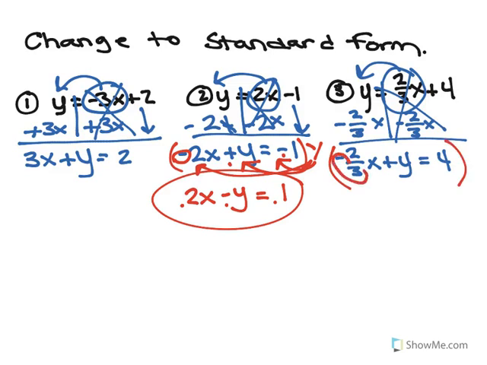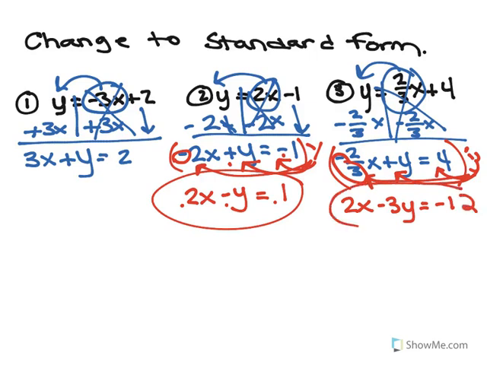So what we do is we multiply by negative 3. If it's positive, you just multiply by the bottom number. If it was positive 2/3, then you would just multiply by positive 3. So when I multiply this, my answer becomes 2x. Negative 3 times y is negative 3y. And negative 3 times 4 is negative 12. And then that would be your final answer.